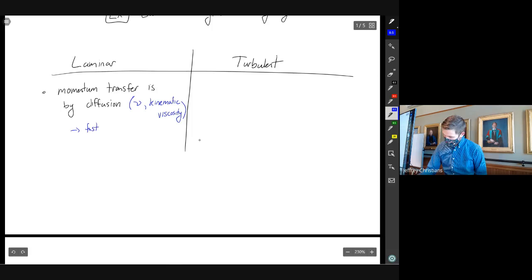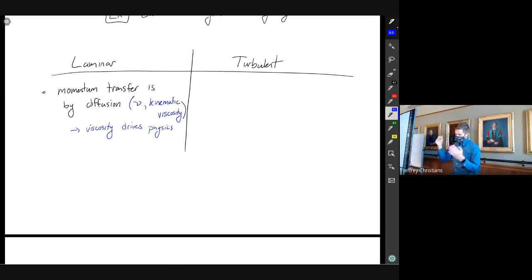Again, what do I mean by that? Viscosity really drives the physics. The no slip condition is saying the fluid at the surface is stopped, and viscosity is dragging on the fluid layers above that and slowing it down.